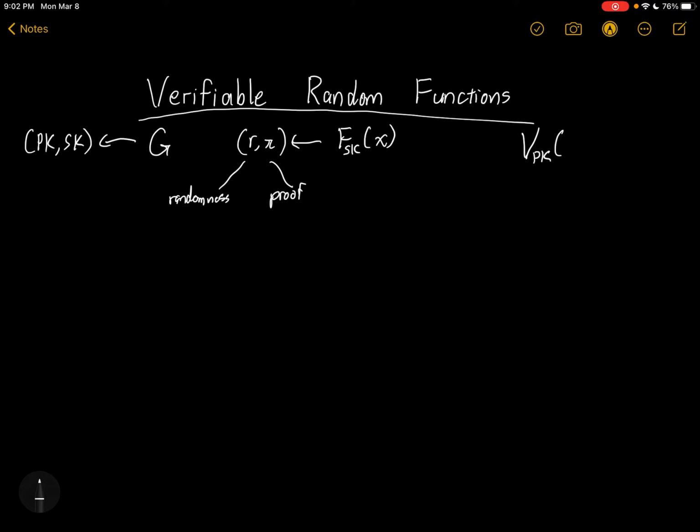It is given as input x, r, and pi, and it will either accept or reject. Accept being the case if r and pi were correctly computed from the function f, given the secret key and input x, and it rejects otherwise.